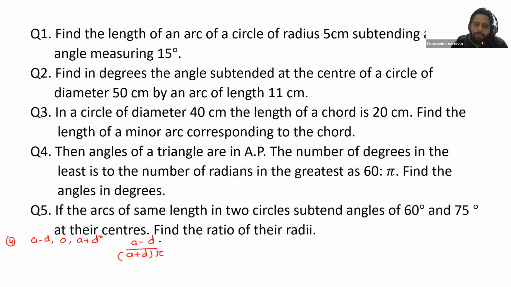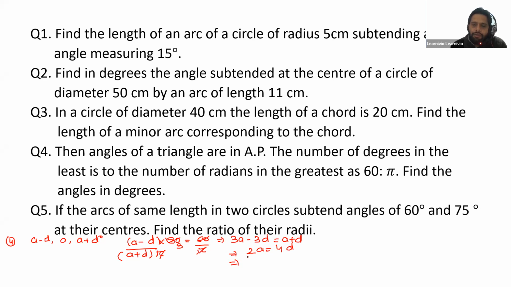So pi by 180, we write it over here, and this is equal to 60 by pi. Pi will cancel out. This will give you 3. Multiply this: 3a minus 3d is equal to a plus d. So this will become 2a equal to 4d.